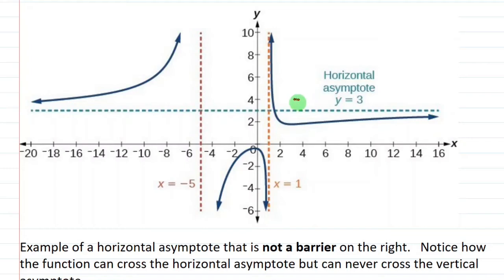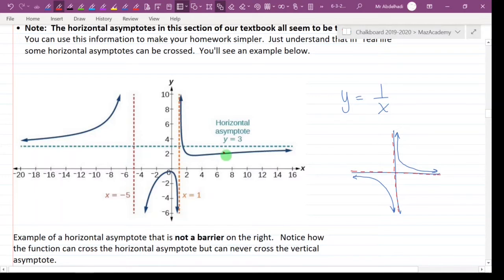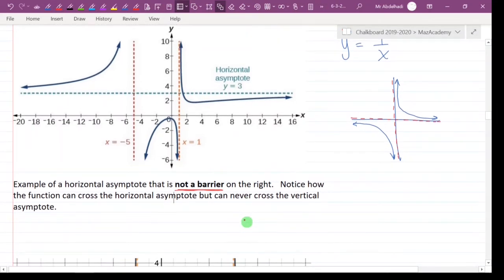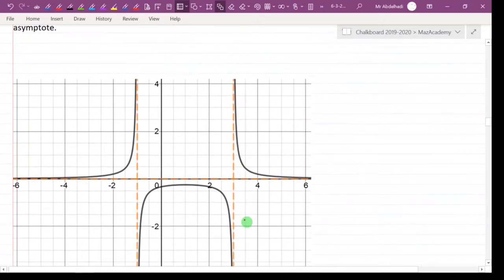So horizontal asymptotes, you've seen them before, but now I'm making a distinction that you can occasionally cross through a horizontal asymptote, okay? A horizontal asymptote is not a barrier. That's what it says down here, okay? It's not always a barrier, I should say. Sometimes it is. Sometimes it acts just like a vertical asymptote, but a lot of times it's just like here.